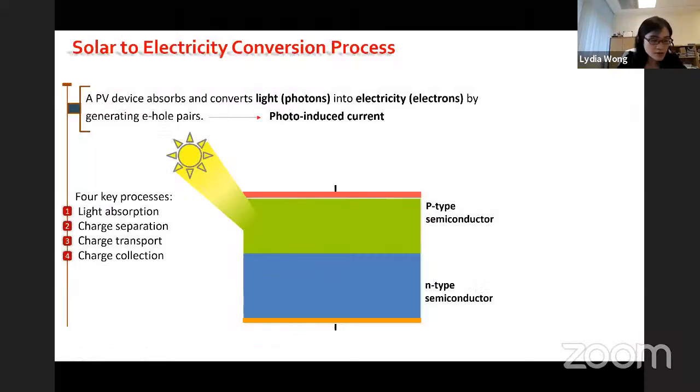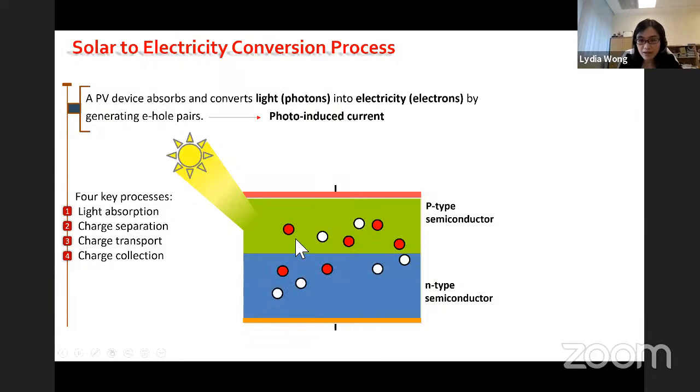Okay, so what happens during this process of photon to electron conversion? The first thing that happens is light is absorbed, and when light is absorbed, electrons and holes are generated. Then the next step is charge separation. You want to filter the electrons from the holes.